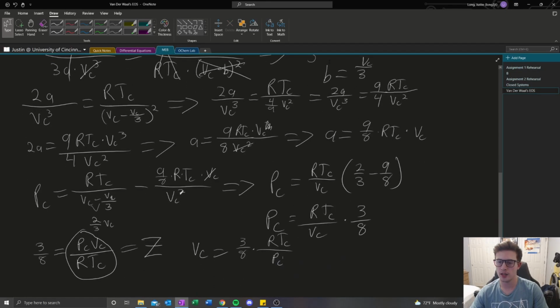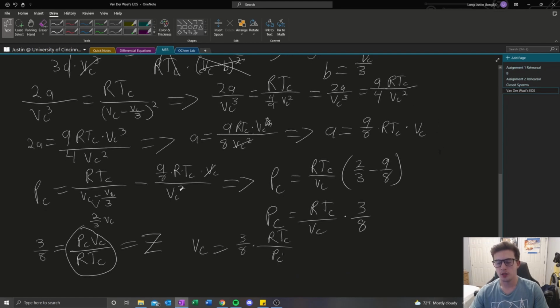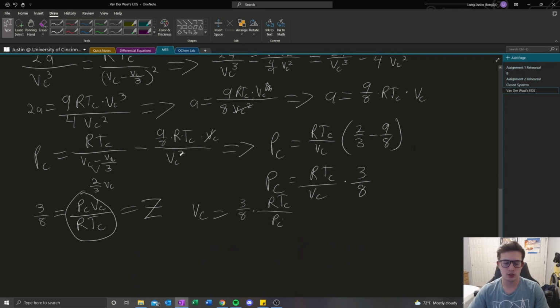So I could plug it into A and B if I wanted to. So I'm going to go ahead and just do A first. So now we're going to have A equal to 9/8 times RTC times the critical volume, which is now 3/8 times RTC over PC.